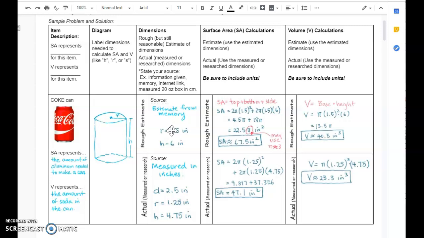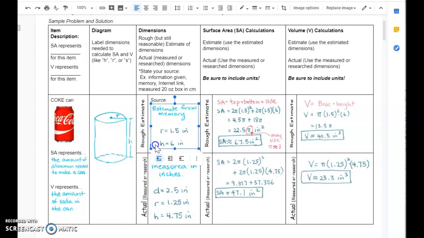Given that, I am going to guess that the radius is about 1.5 inches and height maybe about 6 inches. And then from there you're going to do your calculations of the surface area with the estimated dimensions, as well as the volume with the estimated dimensions.